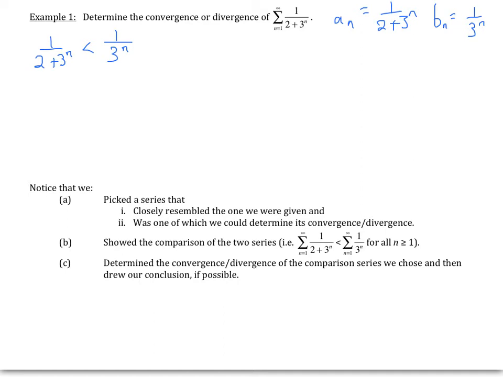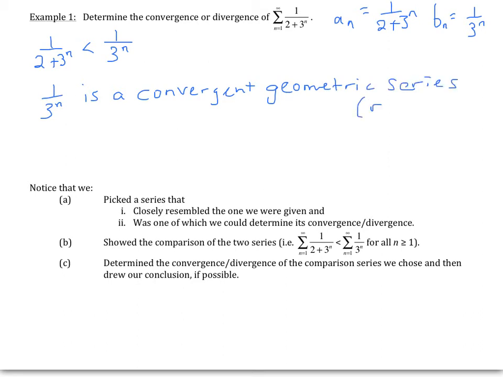And then I want to show that 1 over 3 to the n is a convergent geometric series. Okay, and I know it's a convergent geometric series because r is 1/3, which is less than 1, and the absolute value of it, you could say.